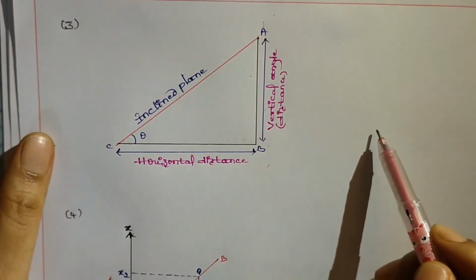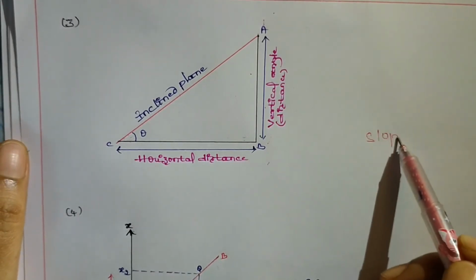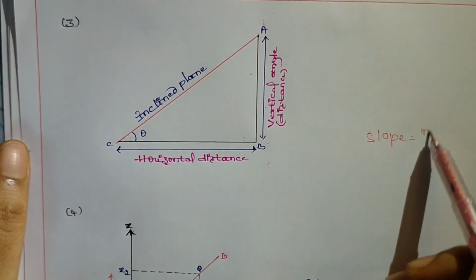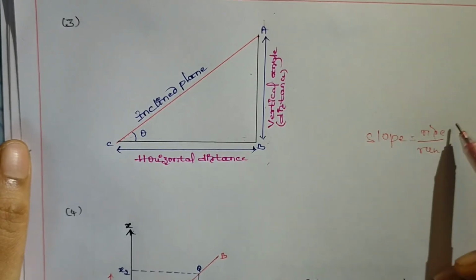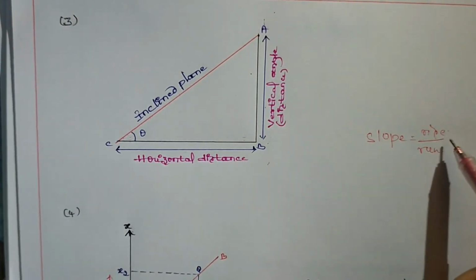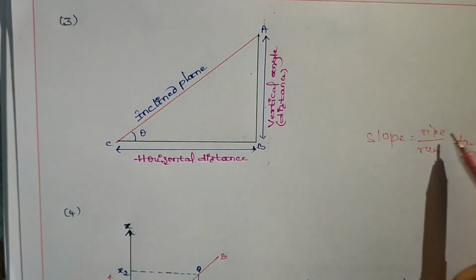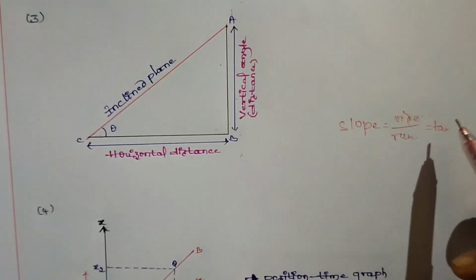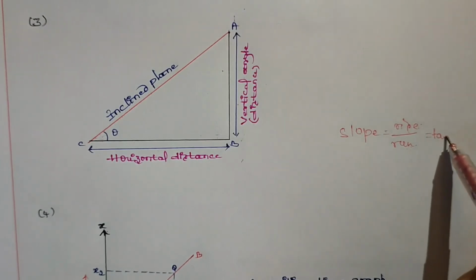Slope formula: slope is equal to rise by run, which means change in y by change in x, which is also nothing but tan theta.